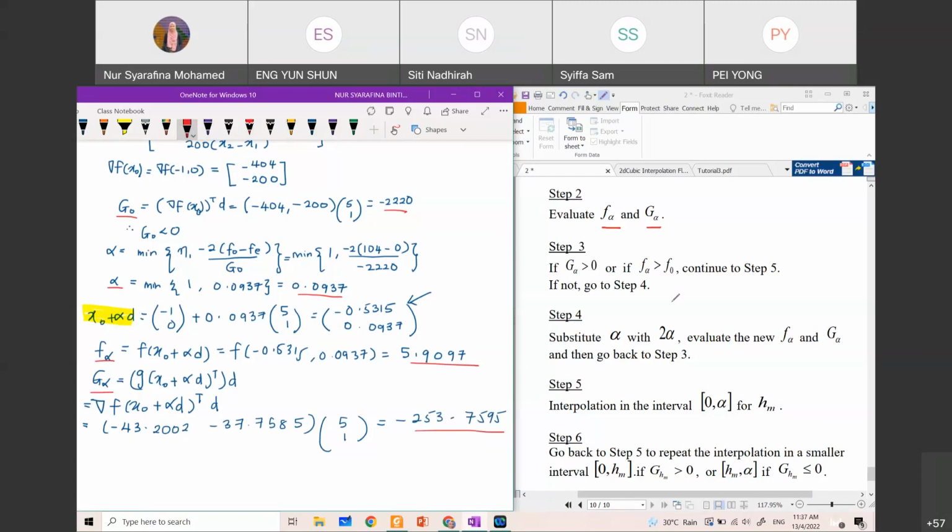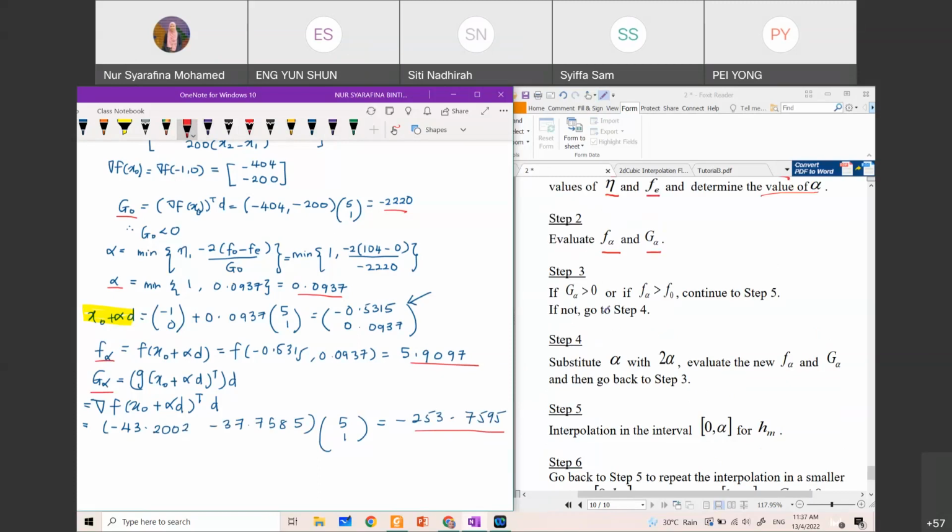So now you have to check, right? If g alpha greater than 0 or f alpha greater than f0, continue to step 5. Now, what are the conditions? g alpha less than 0, f alpha less than f0.